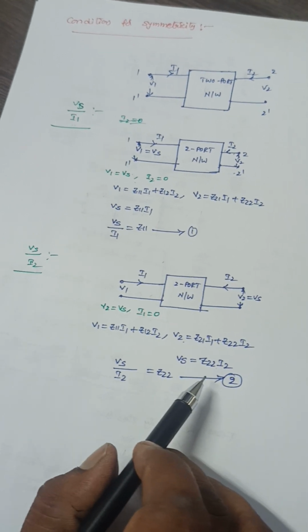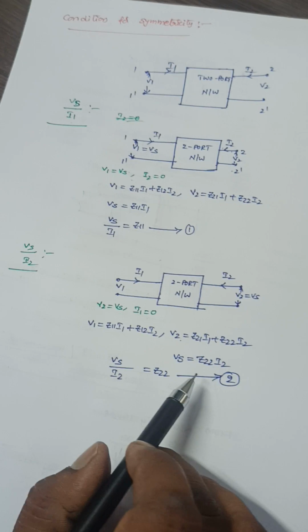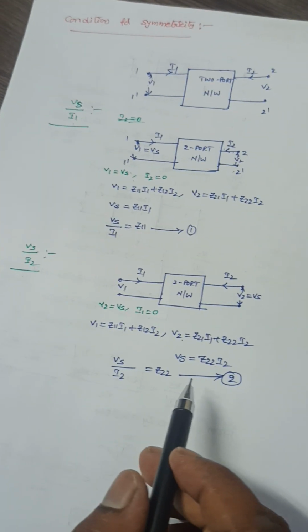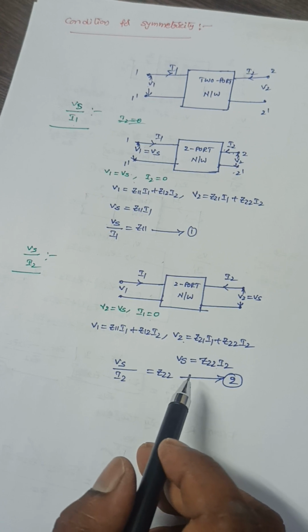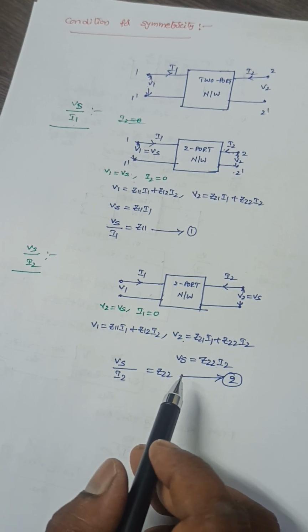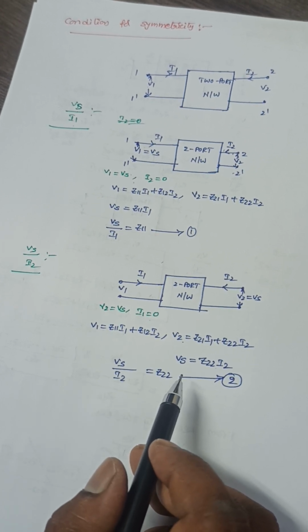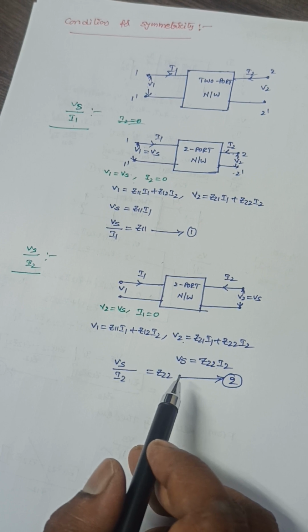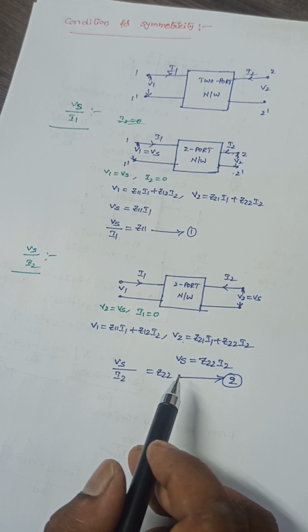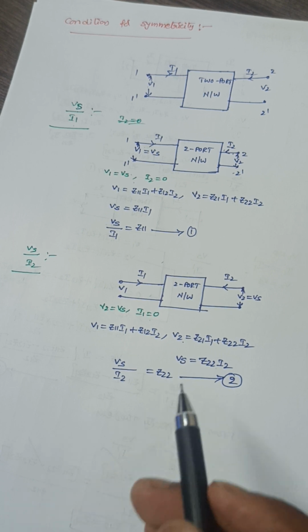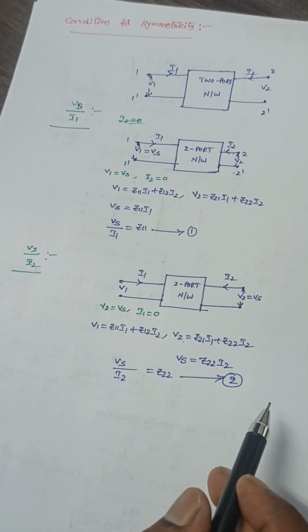As per the definition of symmetricity, if I want to say the two networks are symmetrical, the ratio of voltage to the current at one port should be equal to the ratio of voltage to the current at the other port, by making the other port open circuited.